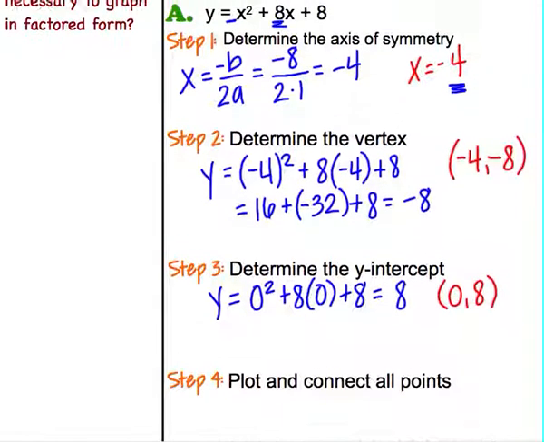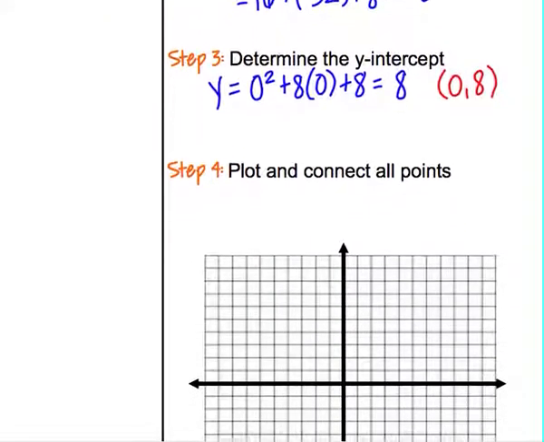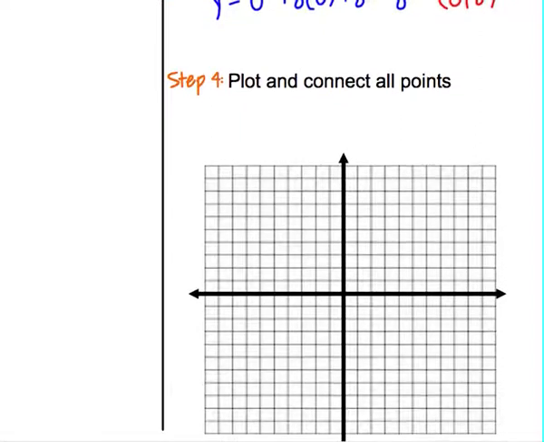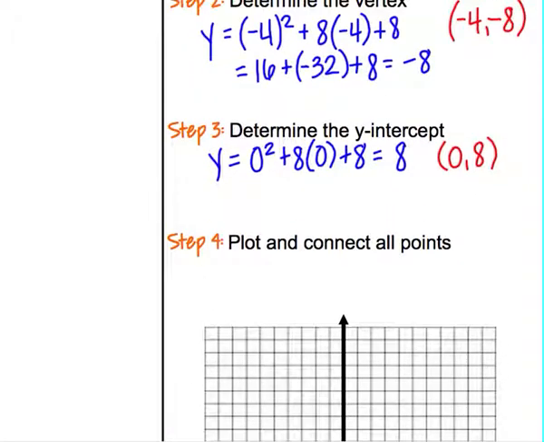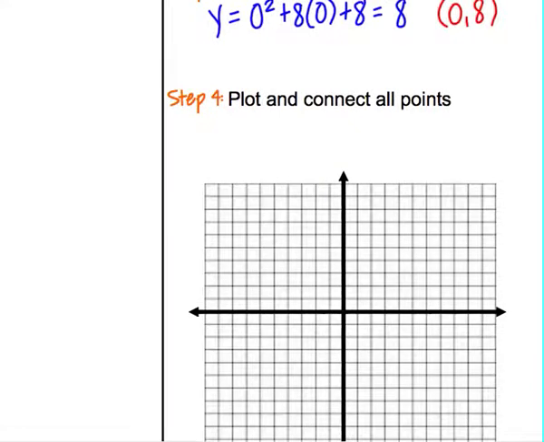So we realize we don't have a ton. We actually only have 2 points, but we're going to use that axis of symmetry to get the rest of our values. So we're going to start off, we have a negative 4, negative 8, and 0, 8. So negative 4, negative 8, 2, 3, 4, 5, 6, 7, 8, and 0, 8, 1, 2, 3, 4, 5, 6, 7, 8.